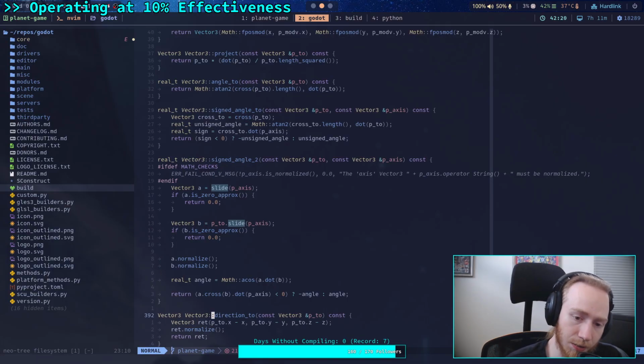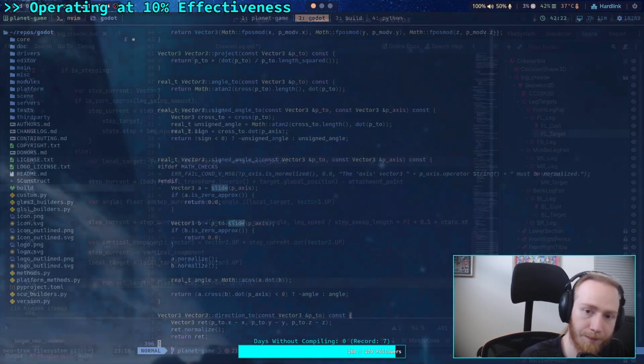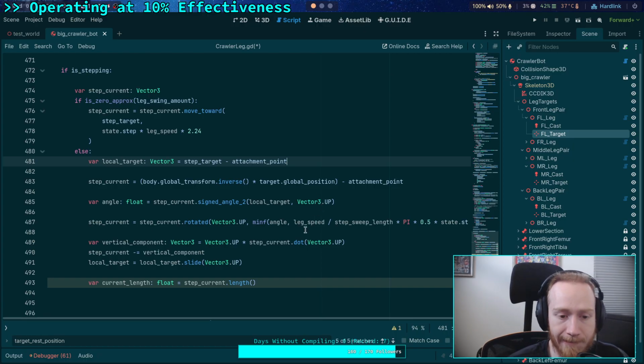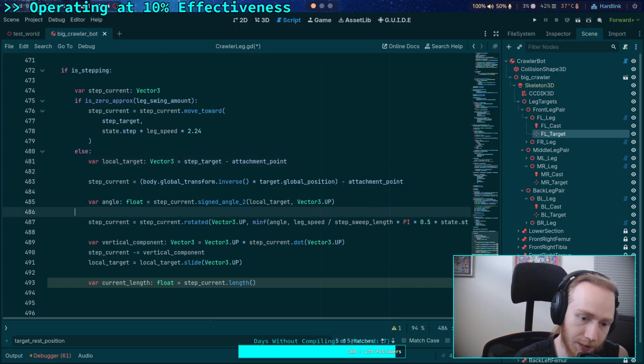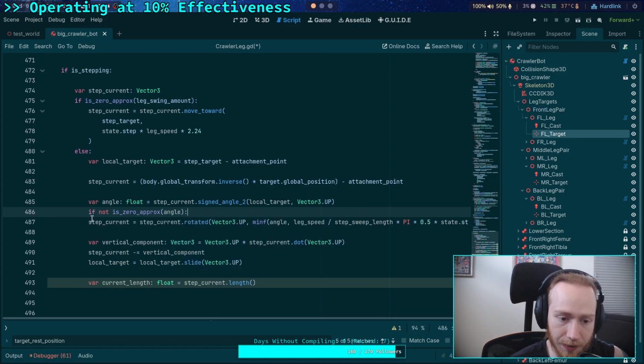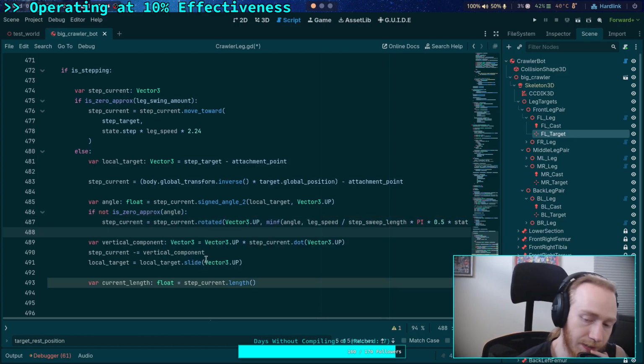If either one of these is 0, then it returns 0. Okay, which I guess is fine, because then I would just do no rotation. But I guess I can check here, so I can skip this call if it won't even matter.